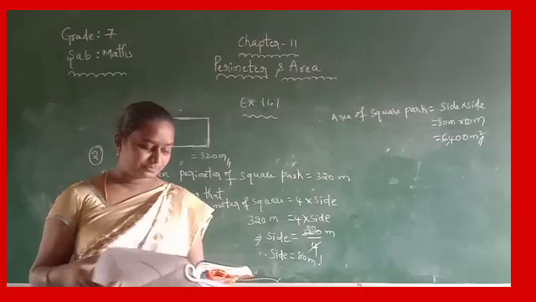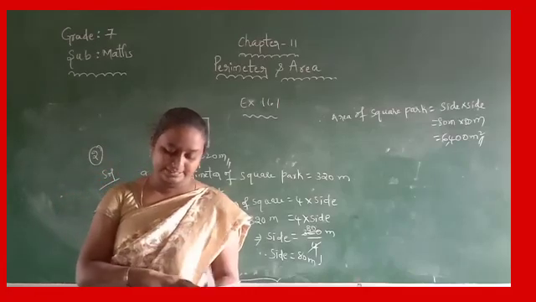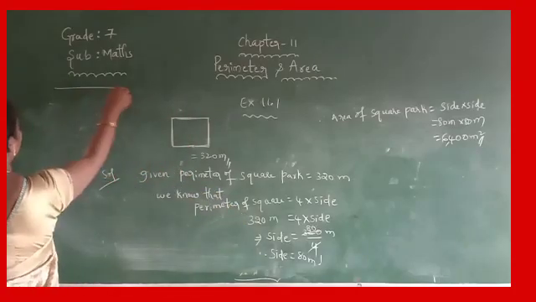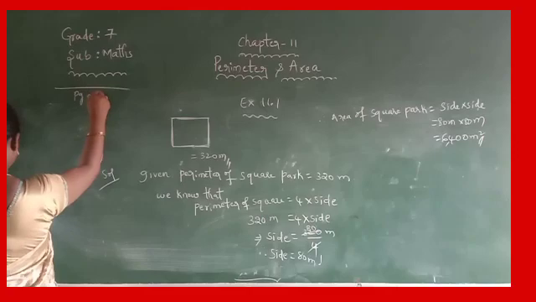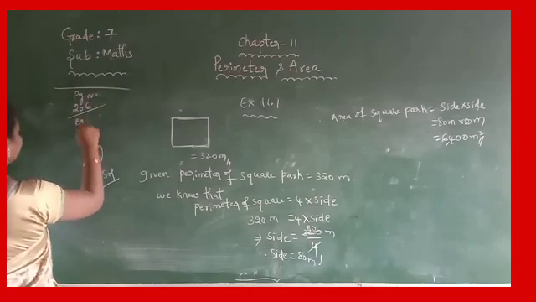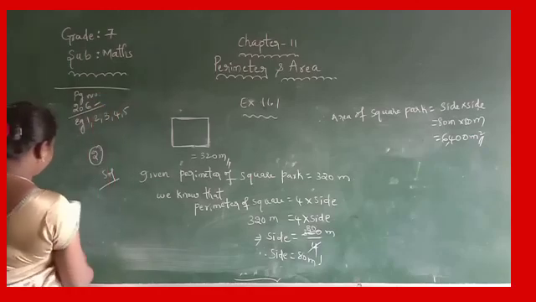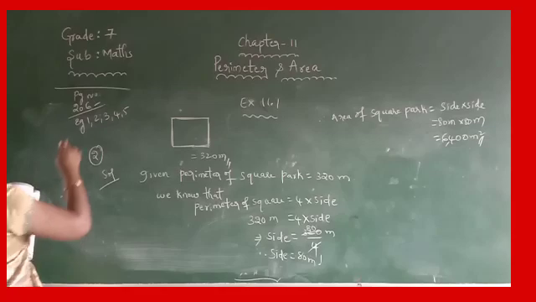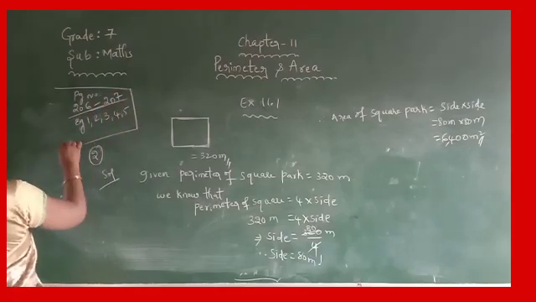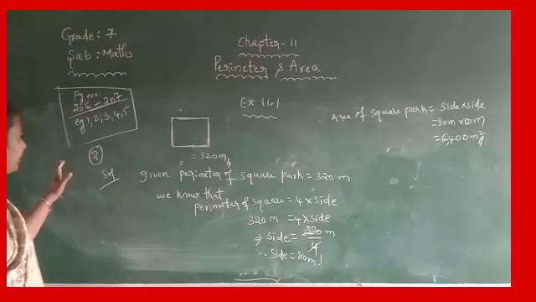See example 1, 2, 3, 4, 5. Page number 206, examples 1, 2, 3, 4, 5, from page 206 to 207. So all these problems we have to solve. These are homework problems.